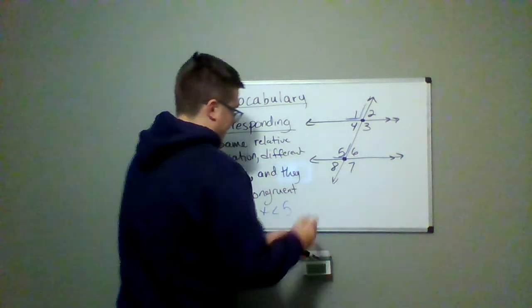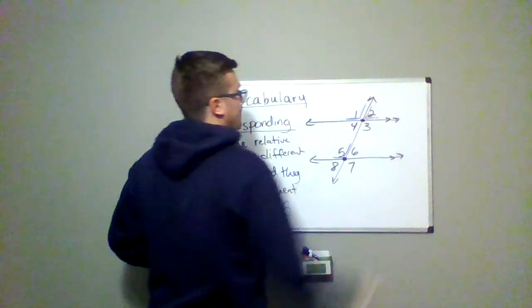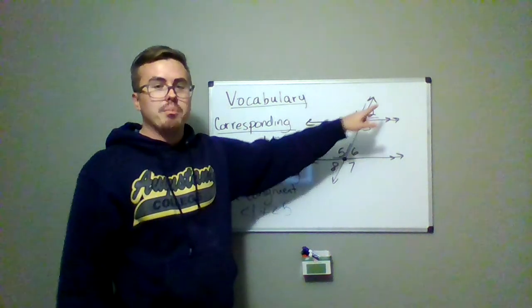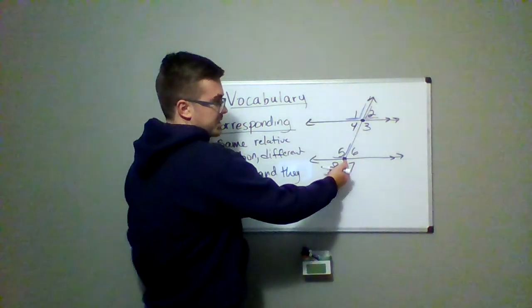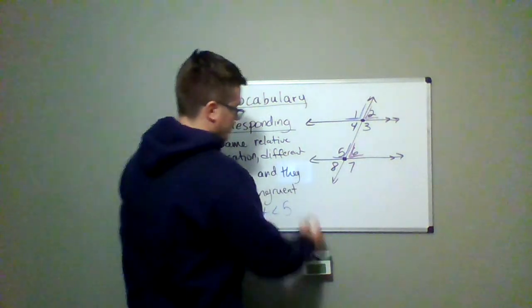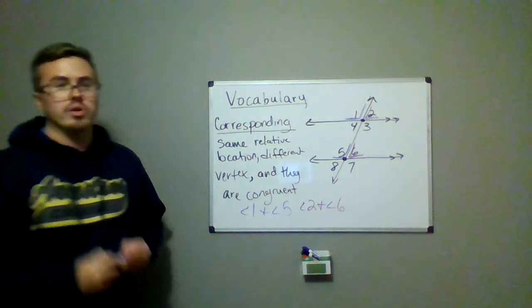I could look at angle 2. Angle 2 is up here in the top right. Relative to this vertex, it's top right, above and right. So now if I go to this vertex, the one that's above right is number 6. So number 2 and number 6 are corresponding.